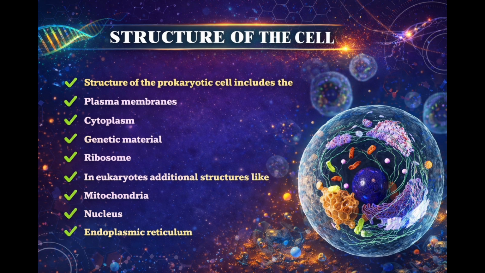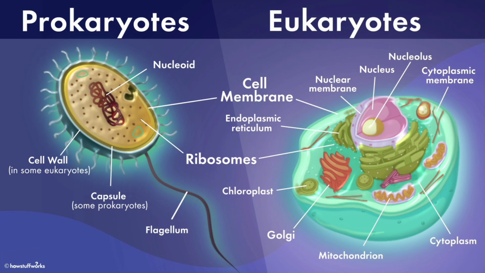Eukaryotic cells have some specialized structures like mitochondria, nucleus and endoplasmic reticulum for their cellular activities. In this slide, I show the prokaryotic and eukaryotic cell structures. I will explain these two cells briefly in my next video.